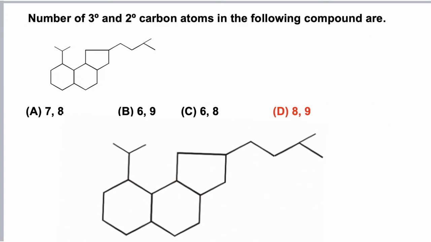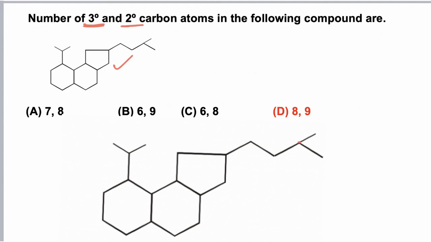In this question we have to find 3 degree and 2 degree carbon in the following given compound. So 3 degree carbon is the carbon atom which is directly connected with 3 other carbon atoms, and 2 degree carbon is the carbon which is directly connected with 2 other carbon atoms.